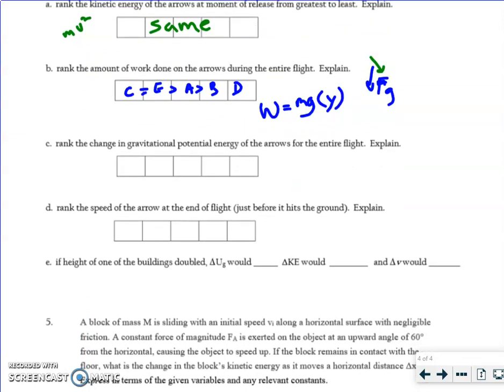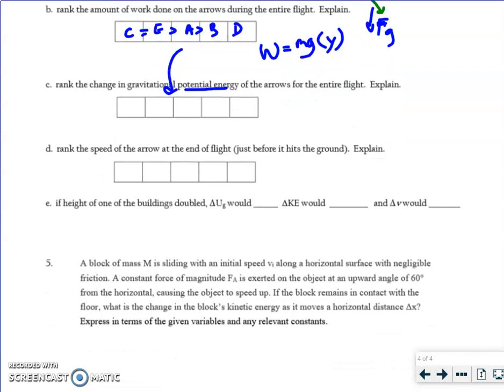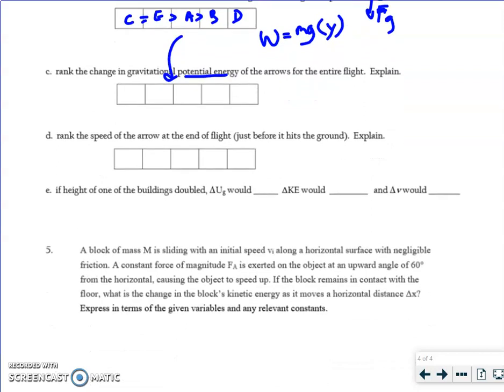And so the change in gravitational potential energy follows from that. The work done in this case goes into changing the potential energy and the kinetic energy. So it's going to be the same, and then rank the speed. The speed is going to be the one with the greatest kinetic energy, and the greatest kinetic energy is the one that has the greatest change in gravitational potential energy.